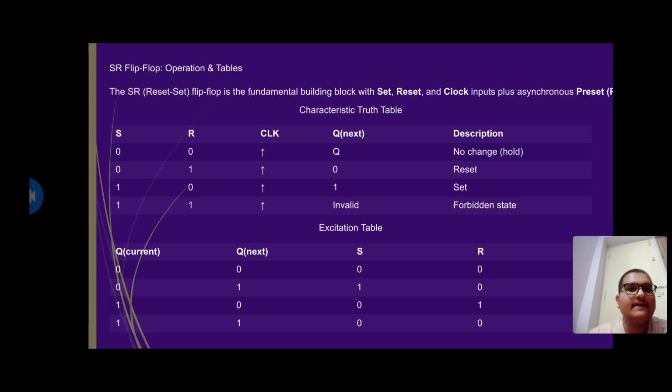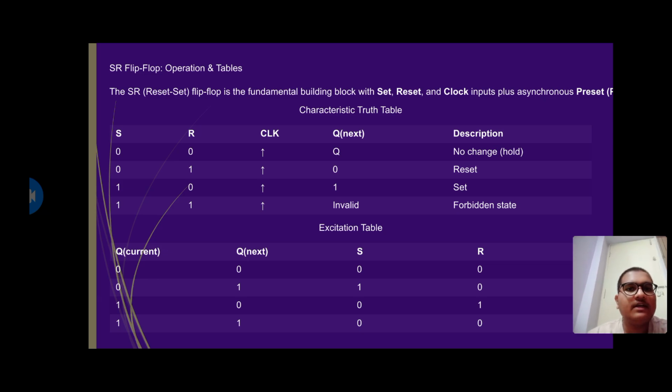Now let us come to the excitation table. Q current and Q next are the inputs, S and R are the outputs. Then Q current is 0 and Q next is 0, then S is equal to 0 and R is also equal to 0. If Q current is equal to 0 and Q next is equal to 1, then S is equal to 1 and R is equal to 0.